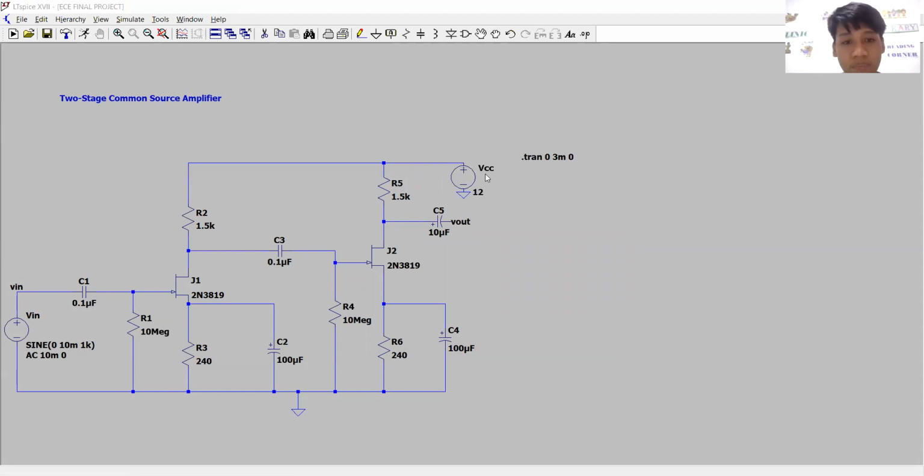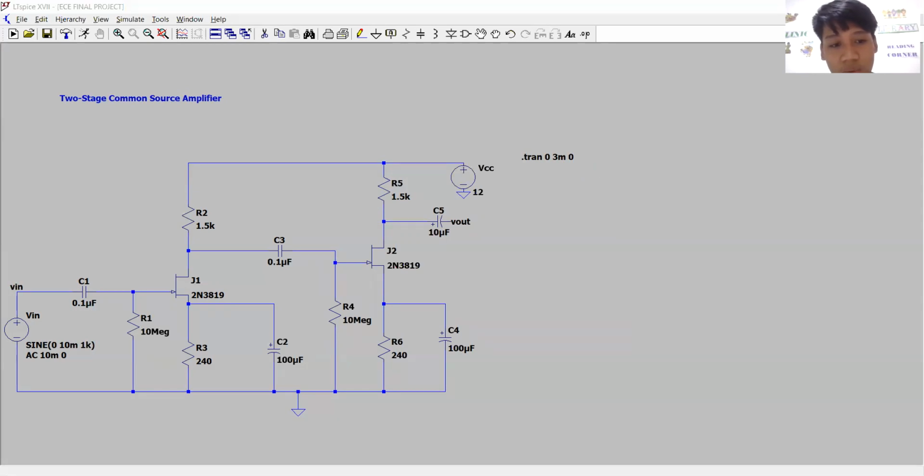Then after that, in this project, we are going to find the bandwidth, the amplifier factor, and the power. For that, we have to find the amplifier factor first.